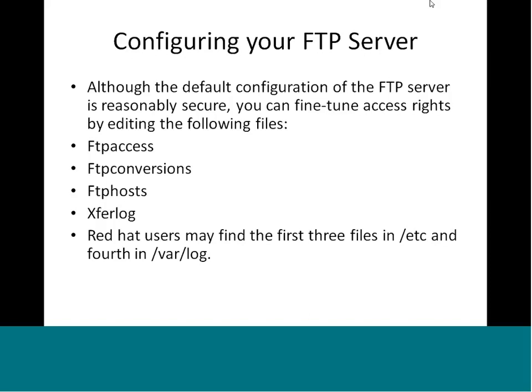You can also use this command to control the access at the directory level. So you can use the FTP access to specify for a given directory or a given file what should be the access rights that it needs to have.